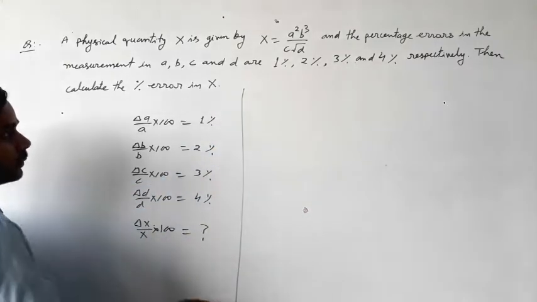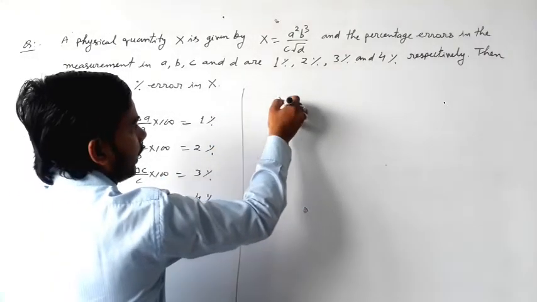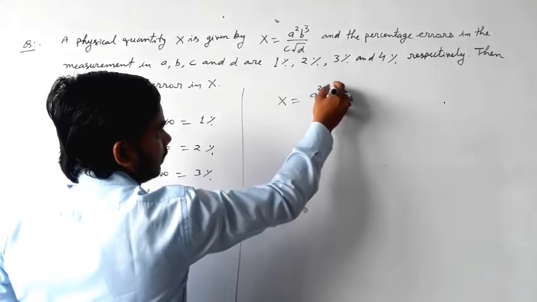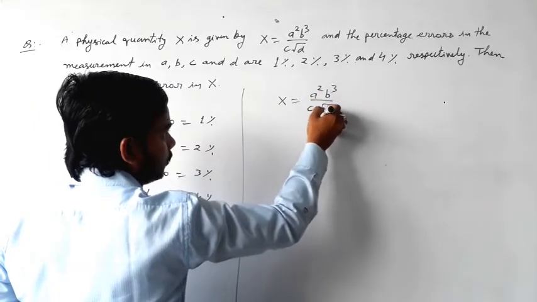Now the equation is x equals a square b cube upon c root d.